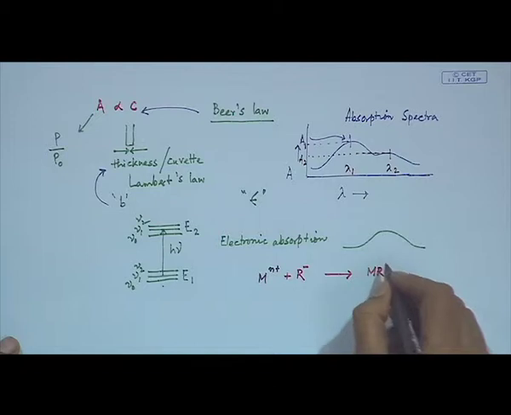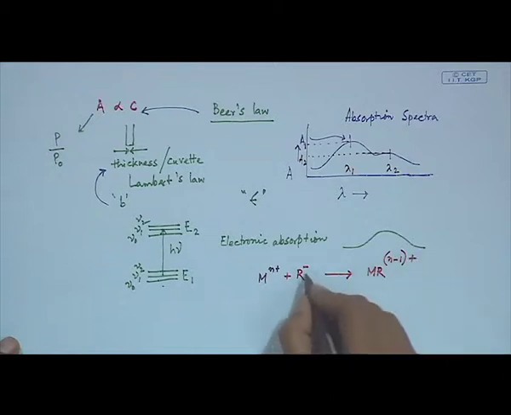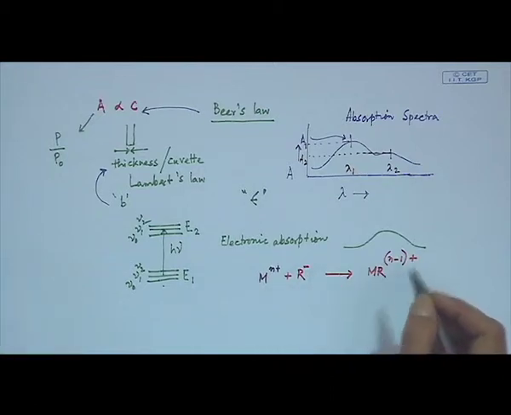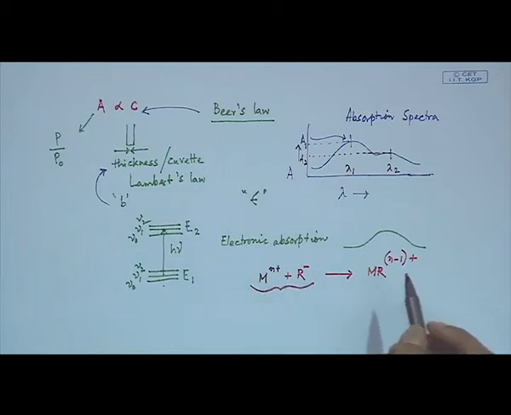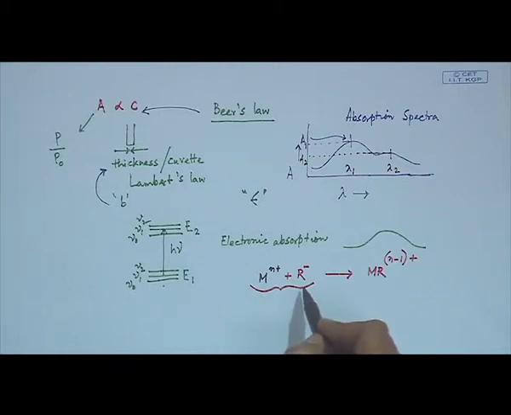The metal ion is combining with the reagent with an overall charge of M minus 1, because there is one negative charge on that particular reagent, such that this interaction is pretty strong between the positively charged metal ion cation and the negatively charged anion, the reagent, or sometimes we call it a ligand.